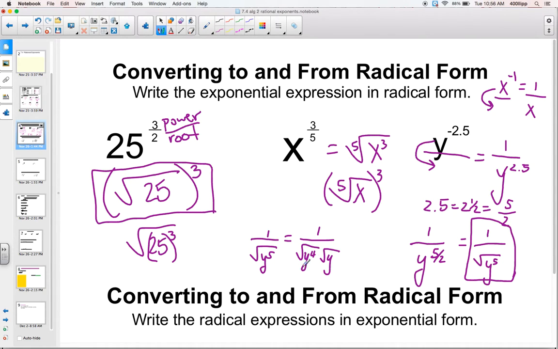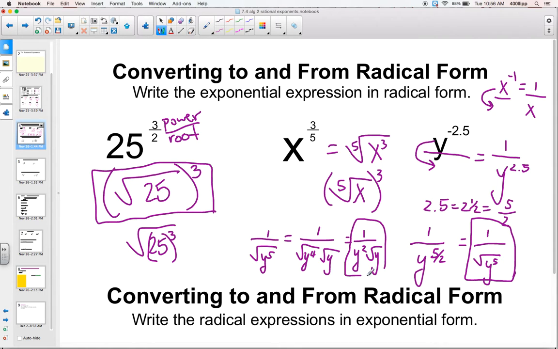And that's because in order for it to be a perfect square, the exponent has to be a multiple of our index, which is a 2 in this case. So it has to be a multiple of 2. 2, 4, 6, 8, all of those. And then we'll use our power over root again. So 1 over the square root of y to the 4th is y squared. And then we just rewrite the square root of y.